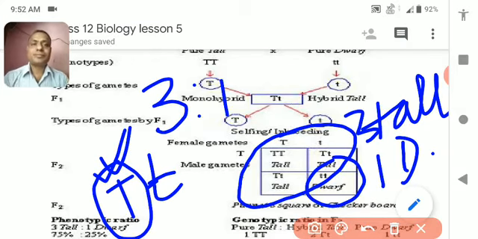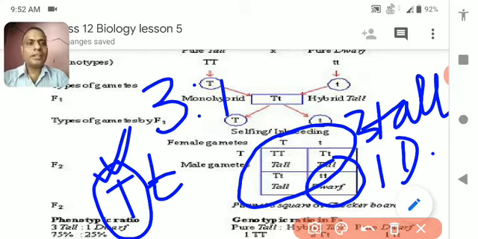But when he did the back cross, or you can say test cross, I will explain the terms back cross and test cross in the other classes. Okay, so mainly the test cross.